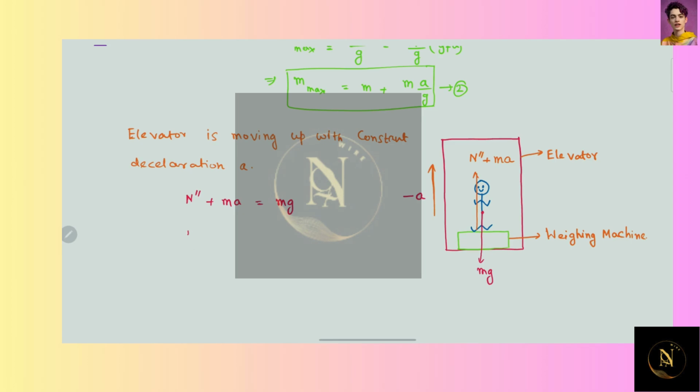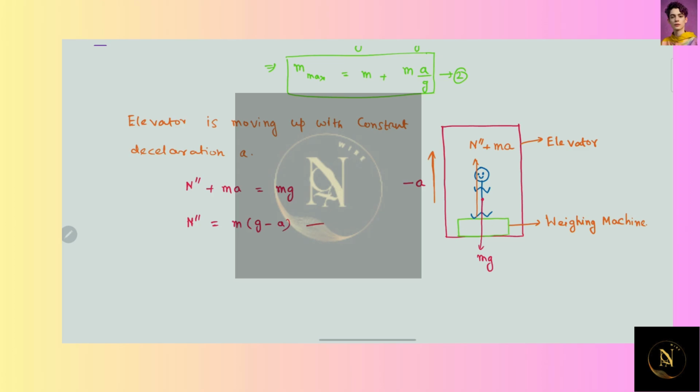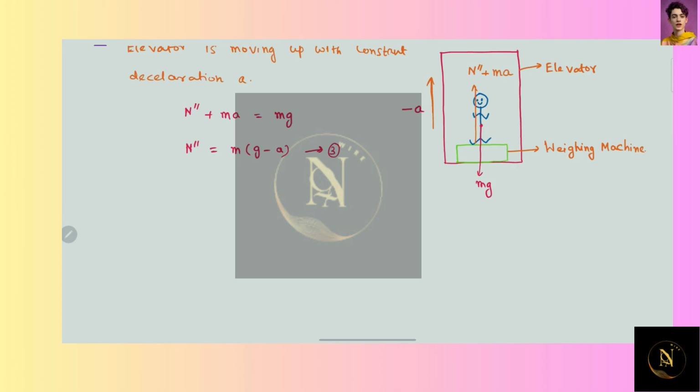As we know, the normal reaction force is nothing but the weight as measured by the weighing machine. In this case, as the elevator is having the deceleration, the weight measured will be minimum, as you can see it is g minus a. So the mass measured by the weighing machine will also be minimum. I can write the mass measured in this case, let's say that is m minimum.